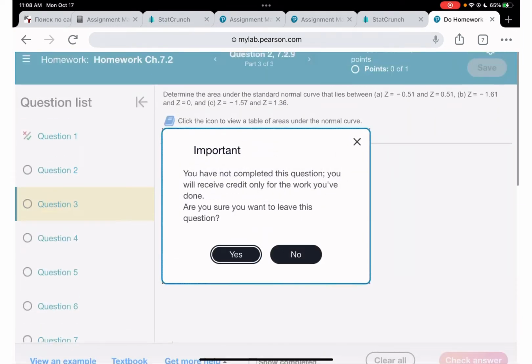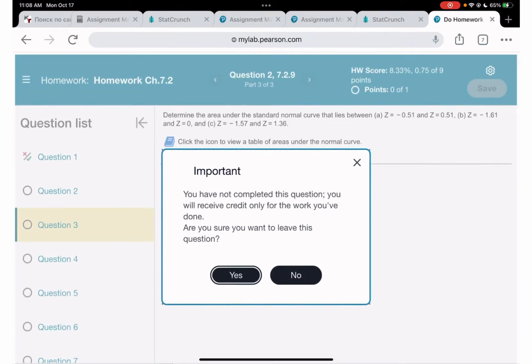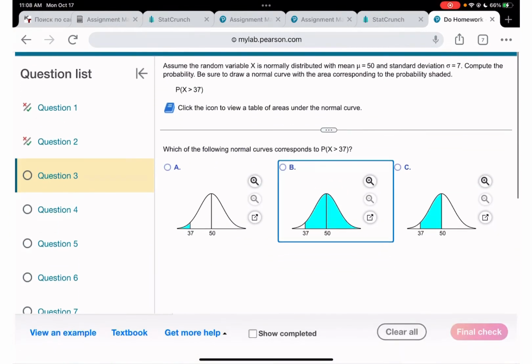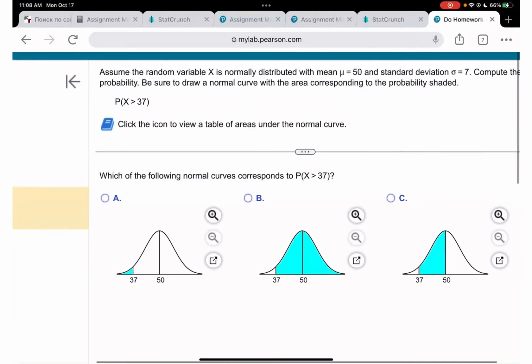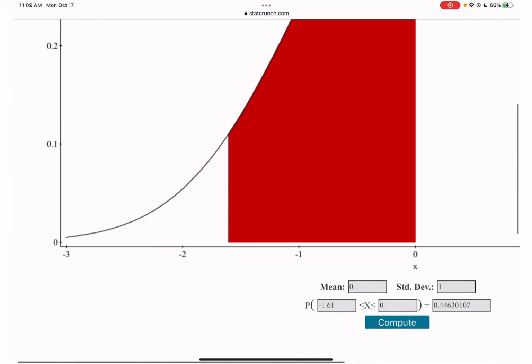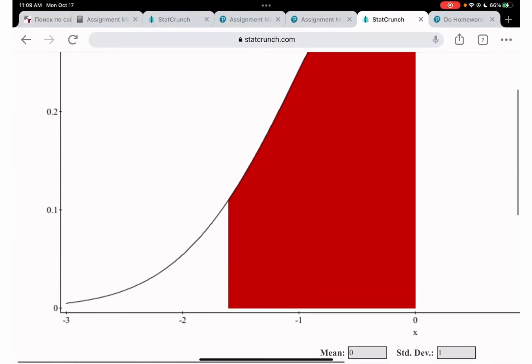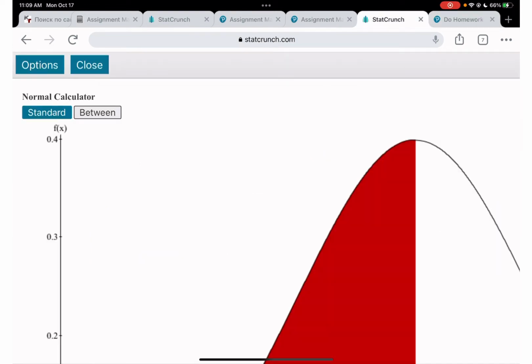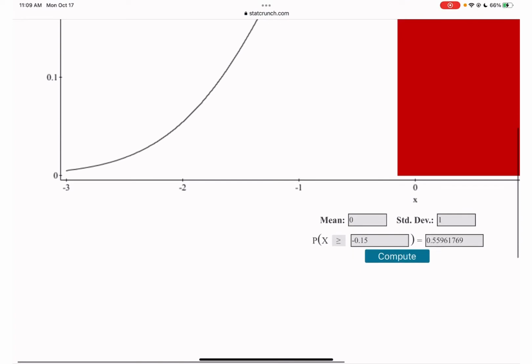Number 3. What do we have here? X is greater than... Oh, okay. So look here. We already have mean is 50, standard deviation is 7. So it's not standard 0 and 1. So I'm typing mean is 50 and standard deviation is 7. Do we need less or more? Greater than. So it's the standard one, not between.